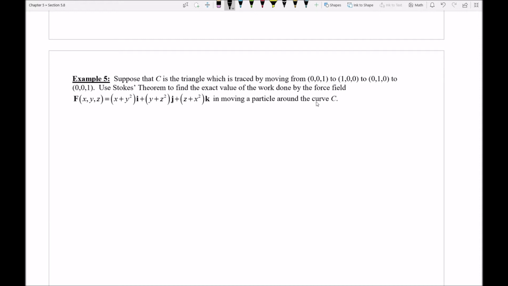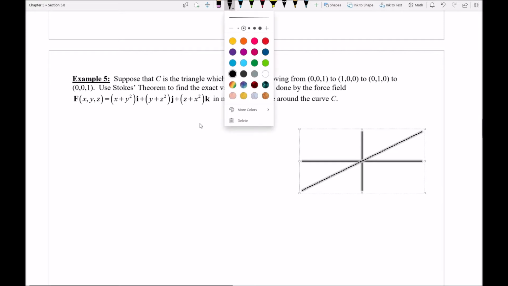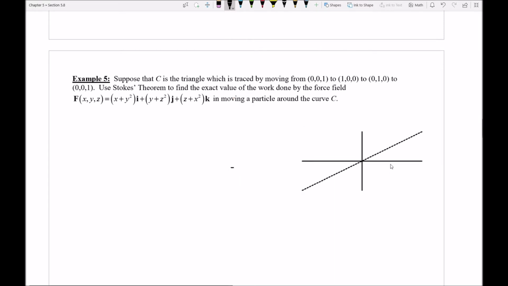Okay, so let's try to get a little bit of context here in terms of what's happening. I'm going to go ahead and shape up a nice little 3D axis here. So I know that we're going to be working with a curve that starts at 0, 0, 1. So let's imagine that I'm starting up here, 0, 0, 1. I'm going to go to 1, 0, 0.